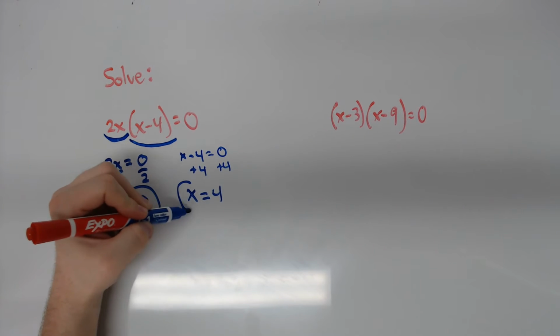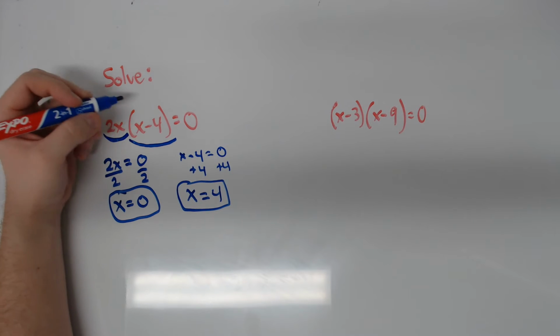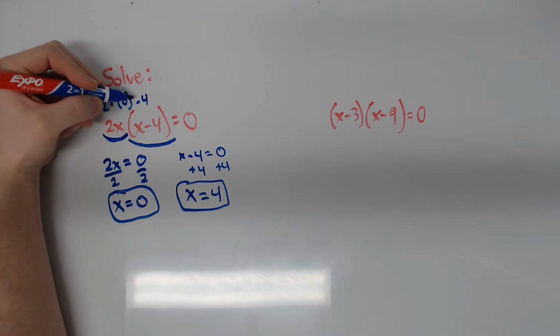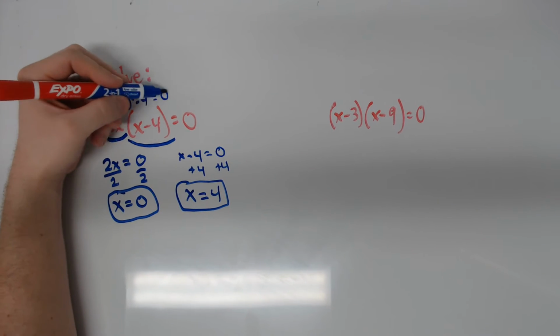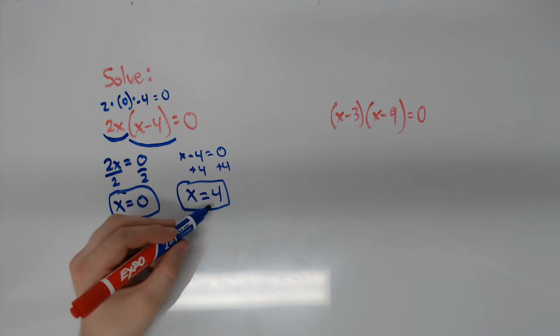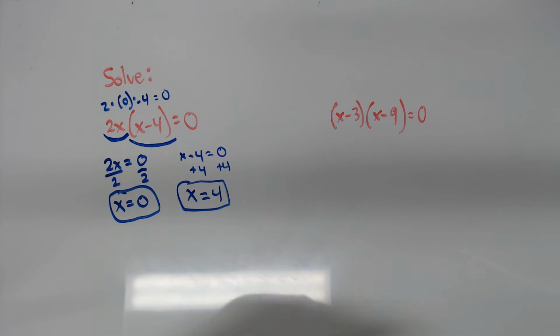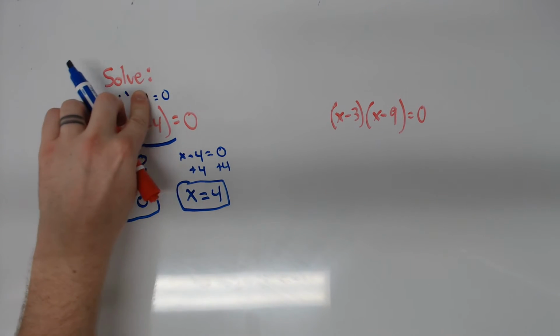These are my solutions. Because if I plug 0 in for x, 0 minus 4 is -4. And then 2 times 0 times -4 is going to be 0 times -4, still 0. Or if I plug 4 in, 4 minus 4 is 0. Same result. If at any point we're multiplying by 0, the whole thing is going to multiply out to 0 in the end.